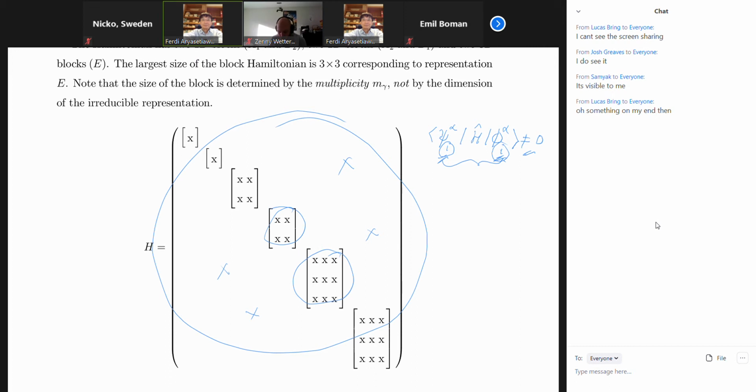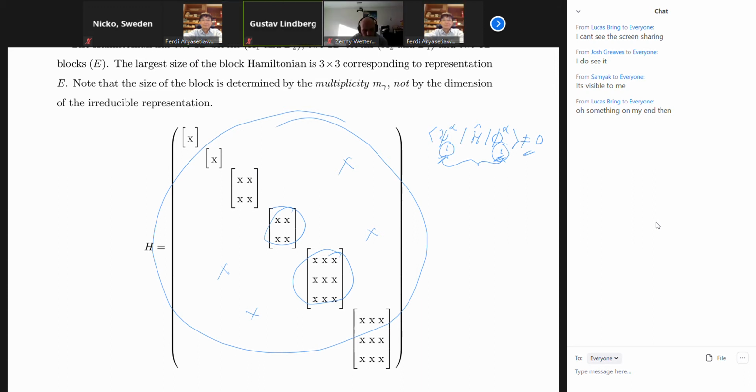Then it's easy to figure out the character table. Okay, and we also have 3 p orbitals.